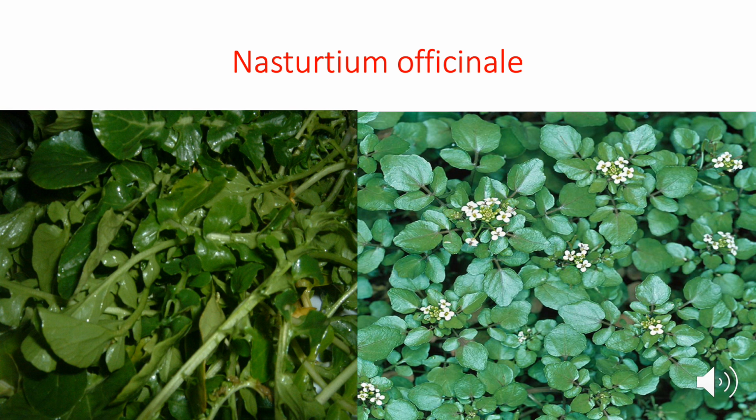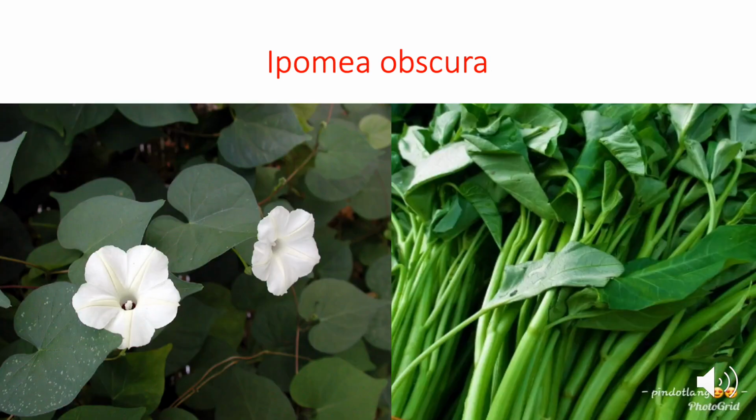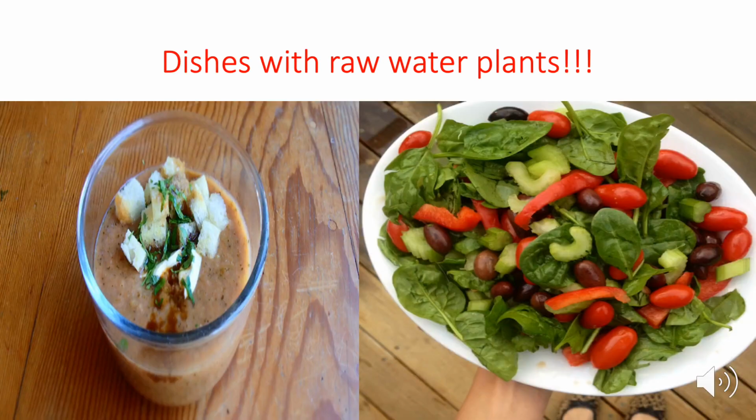The second intermediate host would include the Nasturtium officinale or the watercress and Ipomea obscura, popularly known as kangkong. Eating raw aquatic plants will put you at risk of developing fascioliasis or infection with Fasciola gigantica or Fasciola hepatica.